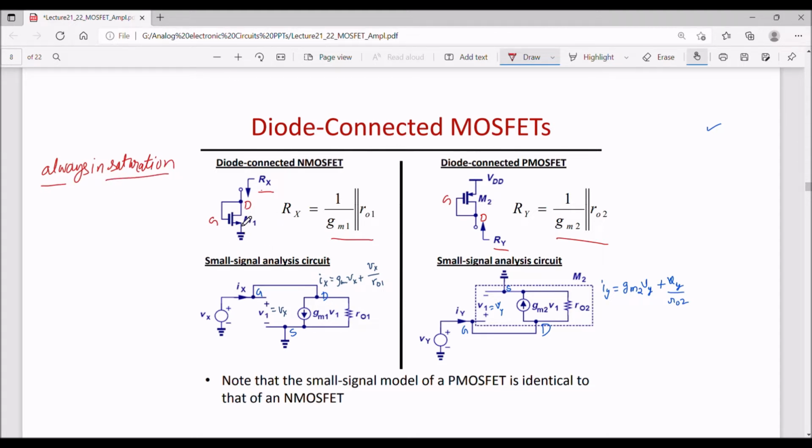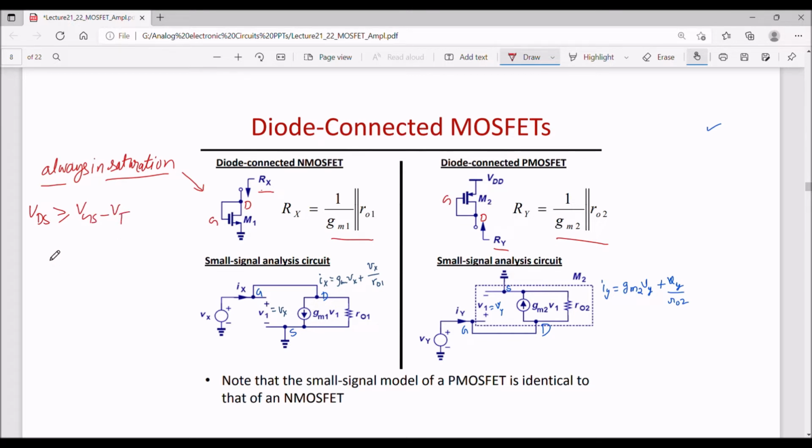So we are using it as a load, and the gate and drain shorting will ensure that this is always in saturation. Because for saturation, if you remember, the condition is that VDS should always be greater than or equal to VGS minus VT.